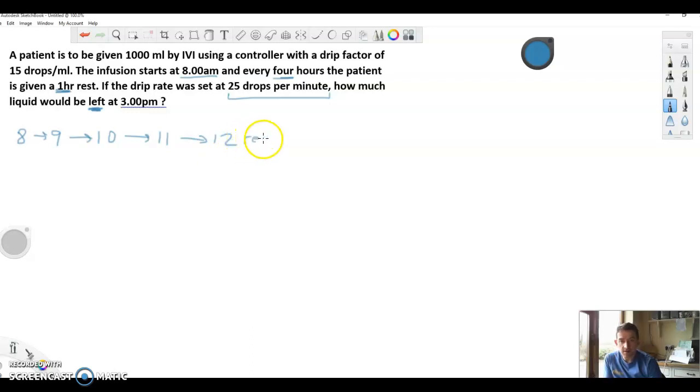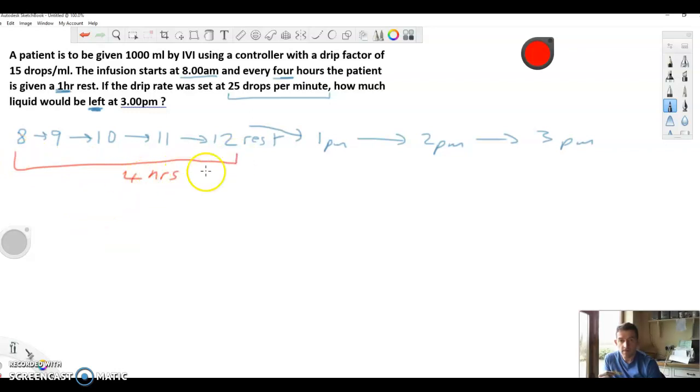So we're resting here. We're resting between 12 and 1 o'clock, right? That's a rest. So the infusion restarts here, 1 to 2, and then 2 to 3. So that's a total of 4 hours up to here and 1 to 3 here.